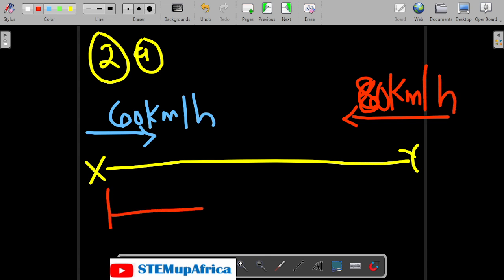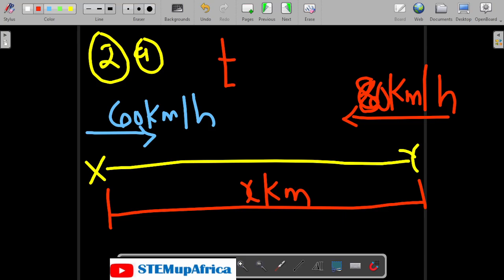So the distance between them now we don't know. Let's call it S kilometers. And the time for the traveling is 3 hours. So what's the relationship between distance, speed, and time? So let's take the relationship. We have that speed.